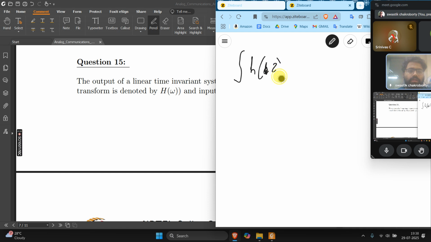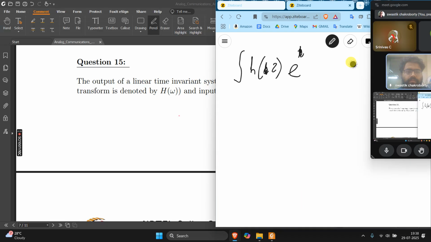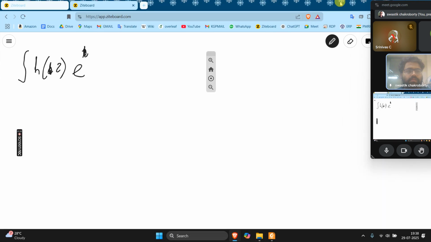Integral of h(tau) e to the power minus j omega (t minus tau) d tau.